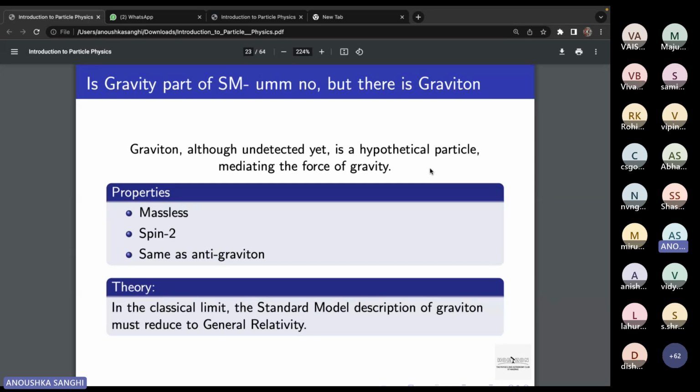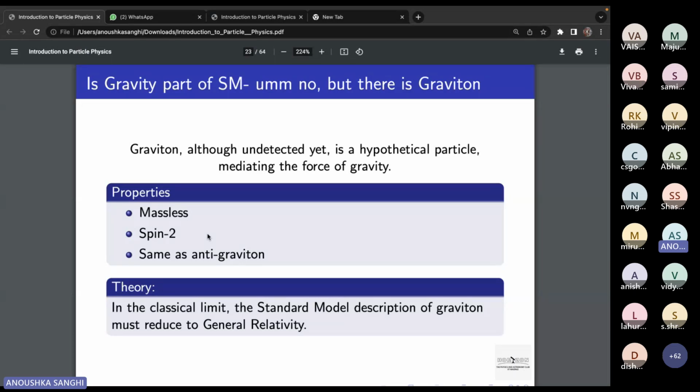Also, since gravity is an infinite range force, gravitons should be massless. And also one more thing, spin too. It's a bit of a confusing concept, why spin 2. Briefly, it satisfies the conditions of general relativity and quantum field theory; only to remain consistent with these can we think of gravitons, right?